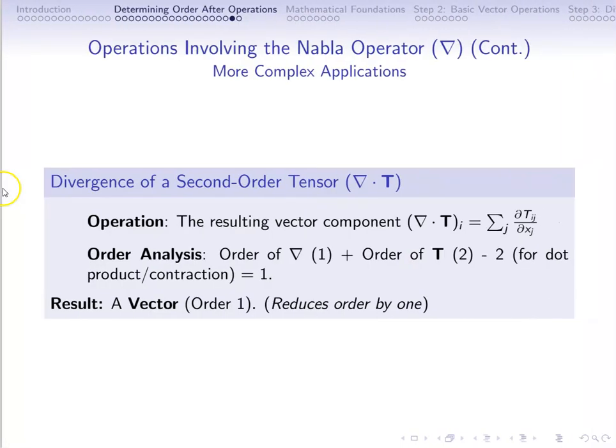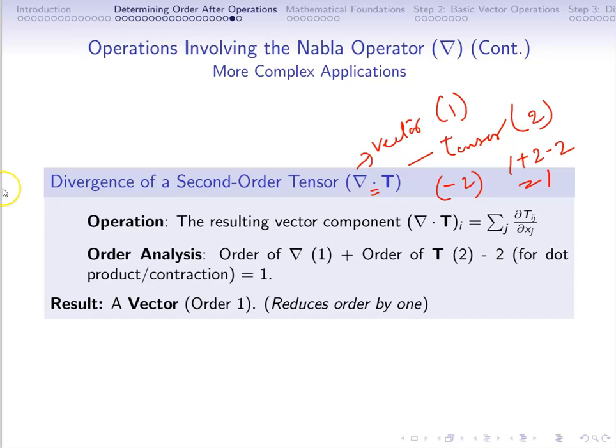Now next is del dot T, so this is a vector, this is a tensor, order 1 and 2, and because of the dot, we have to take minus 2, so 1 plus 2 minus 2, that is 1, meaning a vector. So here the order is 1, order 1 means a vector.